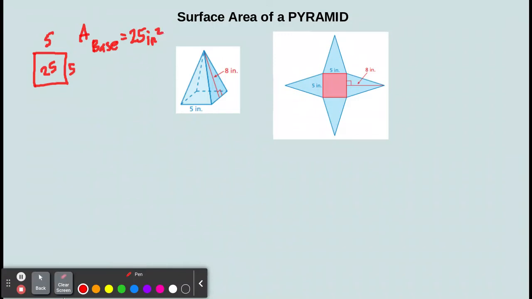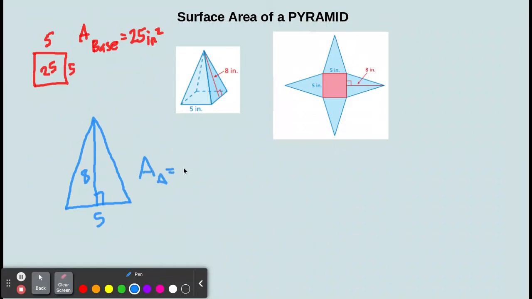Now for the lateral faces, there are 4 of them. So if we find just one of the areas of the triangle, then we can multiply it by 4 and we would get every single lateral face. Our triangle has a height of 8 and a base of 5. Remember, area of a triangle is 1/2 base times height.